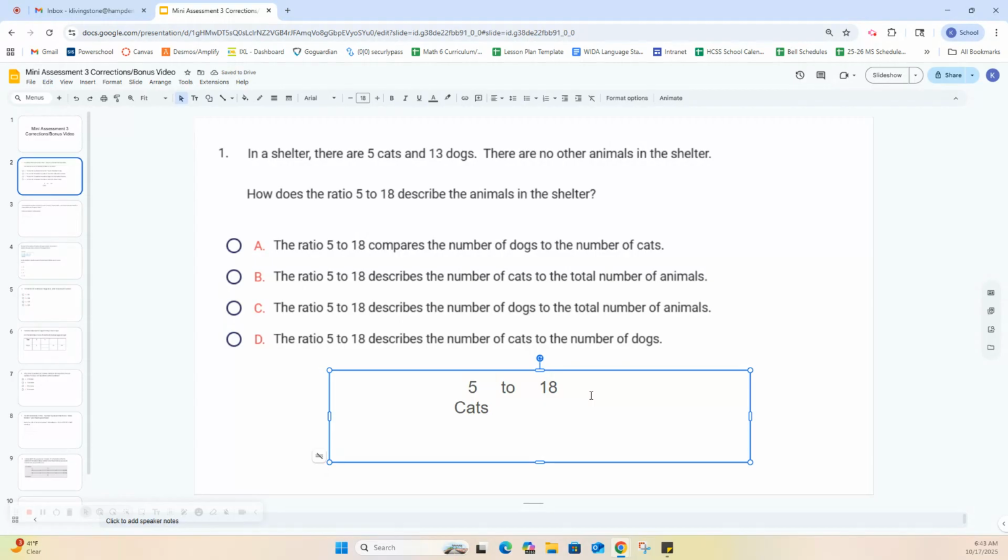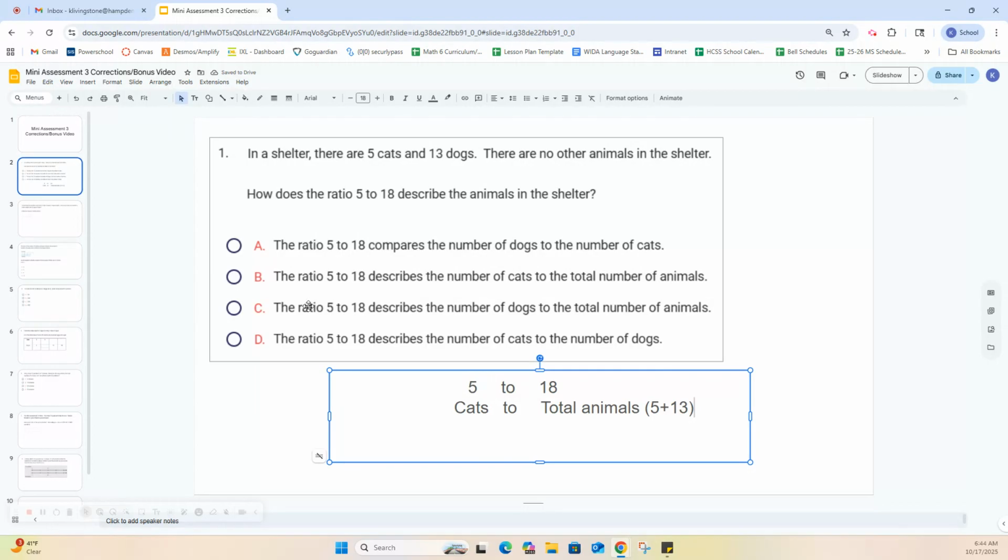And now I'm trying to figure out what the number 18 represents, because I don't see that in the original description. It says 5 cats and 13 dogs. But what I do realize is that 5 cats and 13 dogs makes 18 total animals, because that would be 5 cats plus 13 dogs.